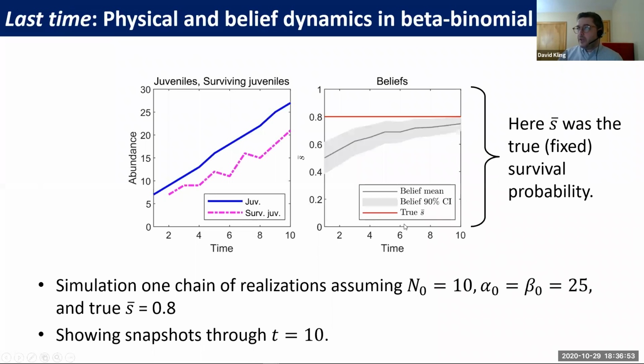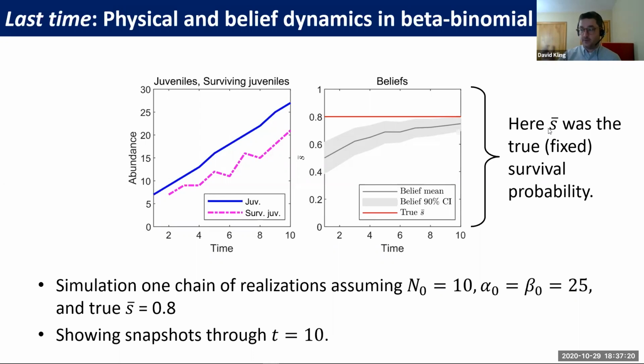So again, I was trying to draw a connection to the basic beta binomial model I presented the first time, so people remember this. In contrast to what I'm about to show, before, the true probability of survivorship was fixed, and we were learning about that.